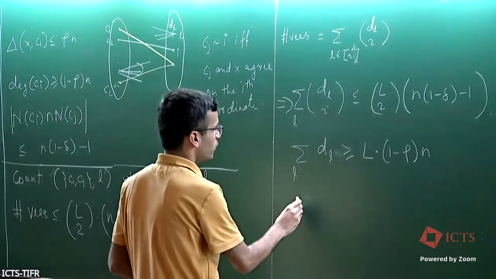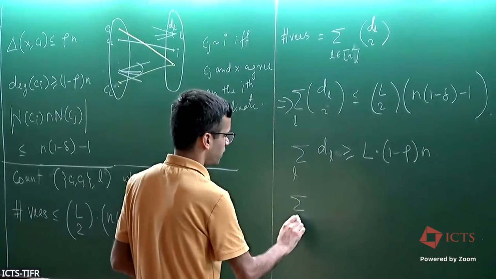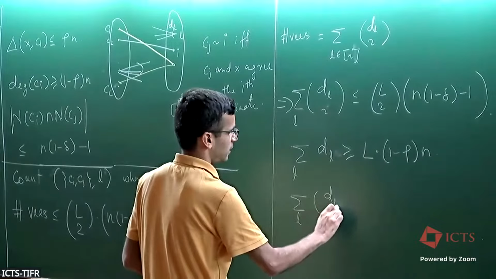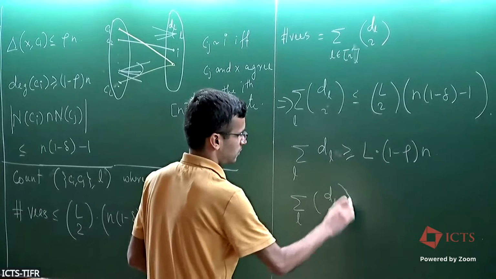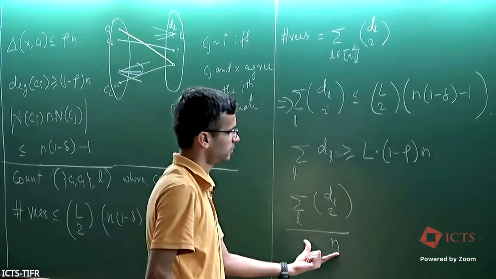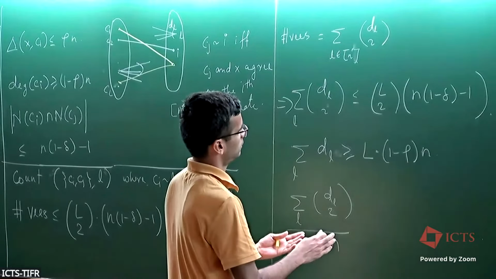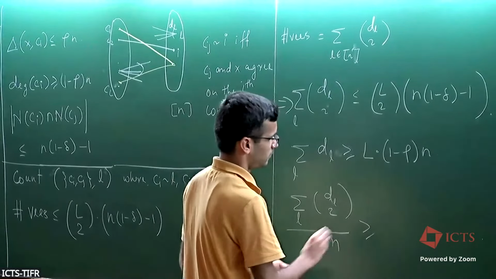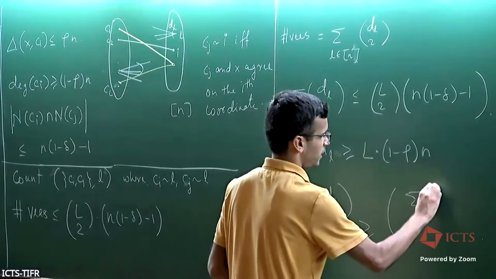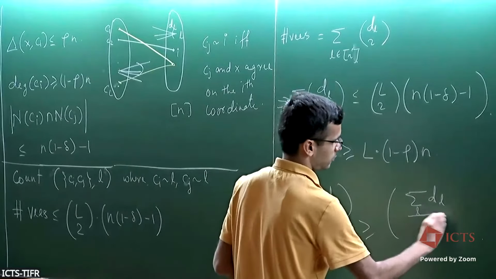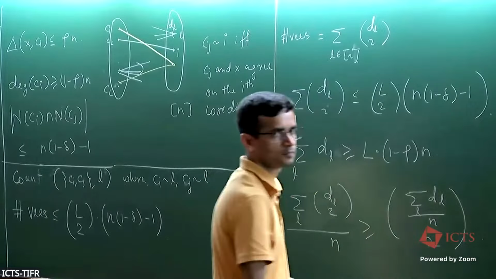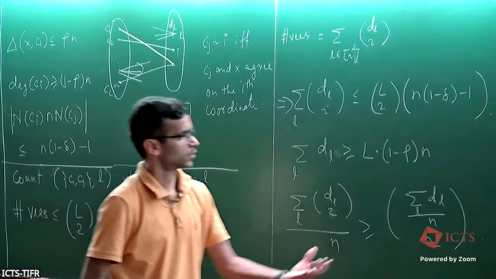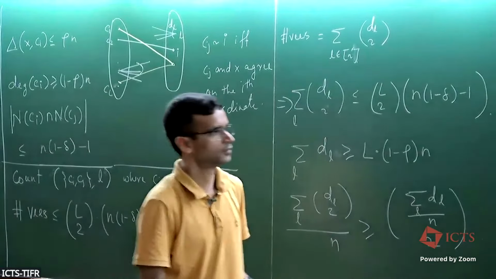So I'm going to use convexity and replace the sum of d_L choose 2 divided by n. This is going to be at least the sum over d_L divided by n, choose 2.